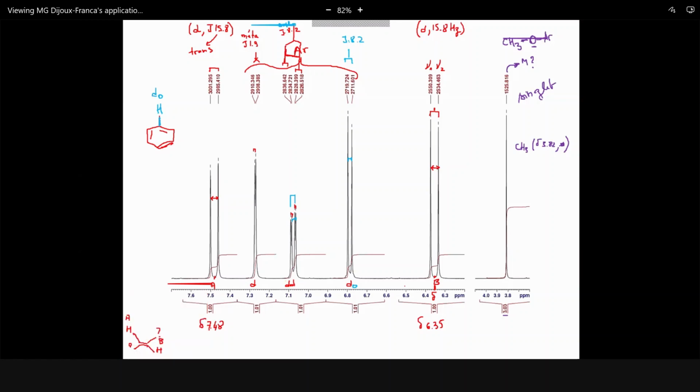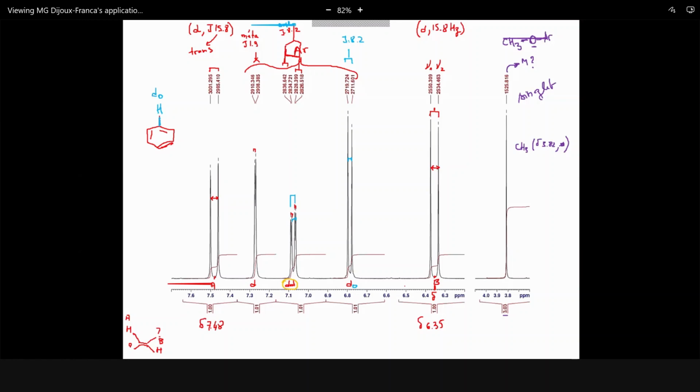Say the double doublet will be orange, and the other one will be red.